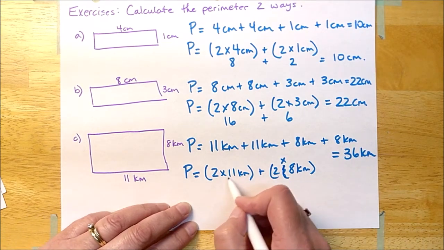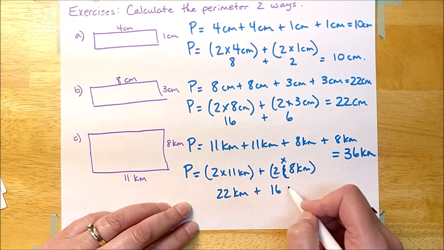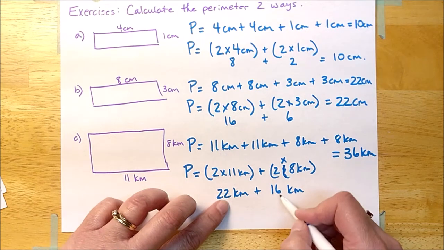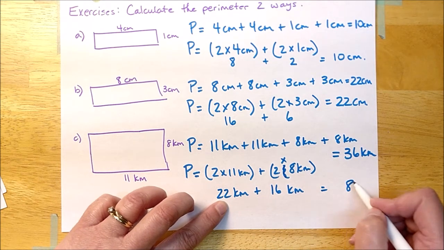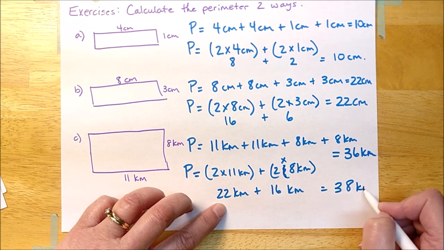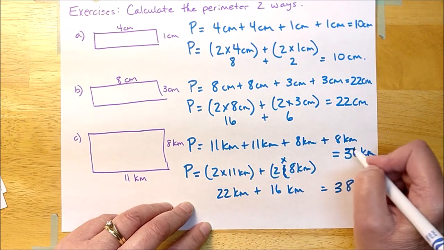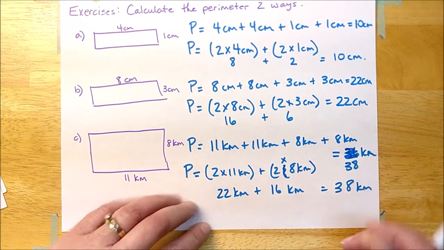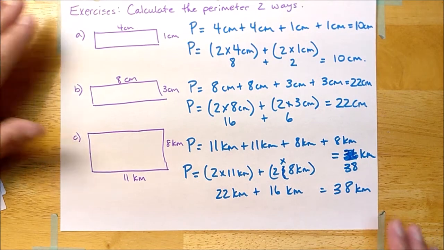So this would be 2 times 11 is 22 kilometers plus 16 kilometers. So the 2 and the 6. Oh boy, I must have done something wrong. Let's check my adding here. That's 22, 30. Oh, I hope you guys caught that. I hope you caught my mistake in adding there. So those are the same.